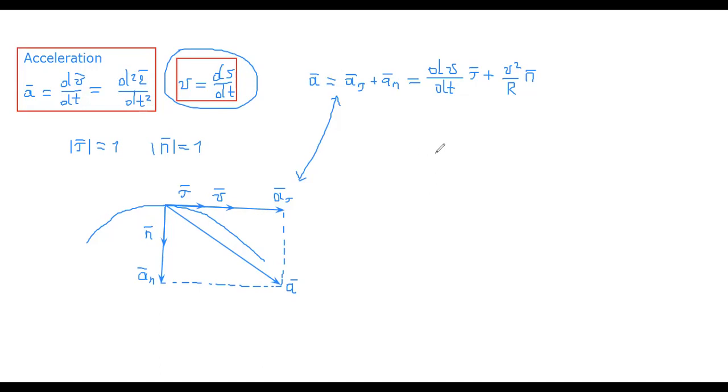Second derivative, let me explain. For example, df by dx, it's from mathematics, can be written like f prime of x, first derivative.